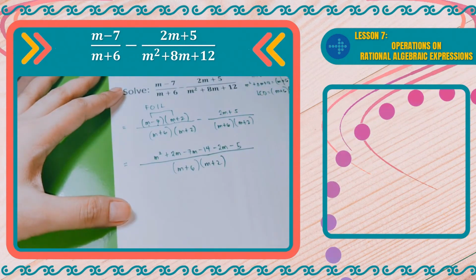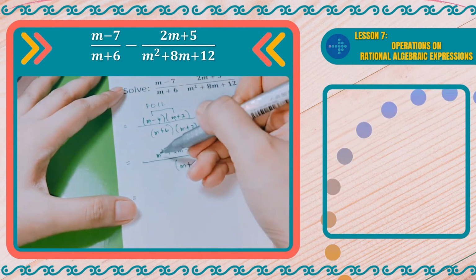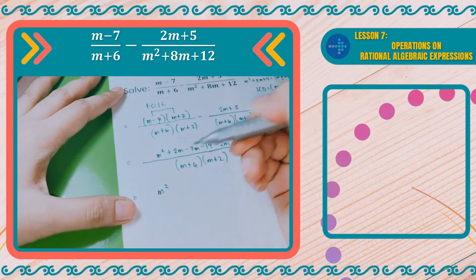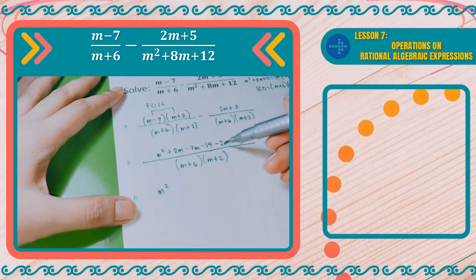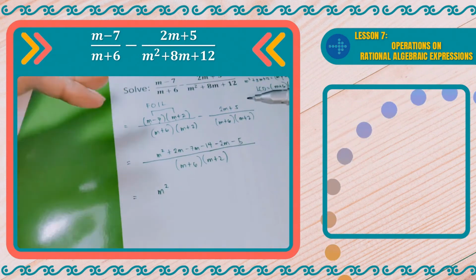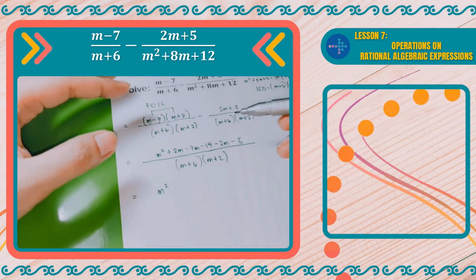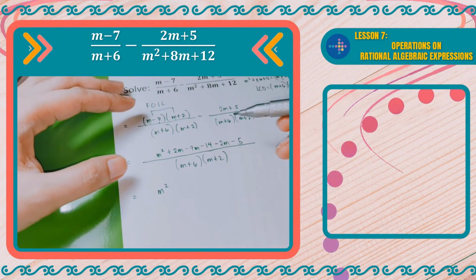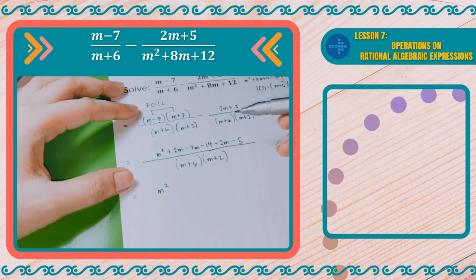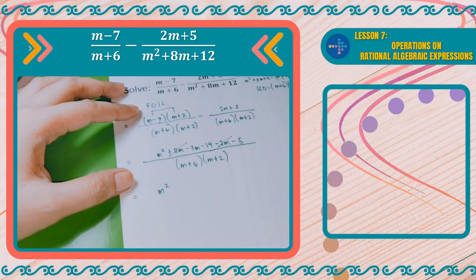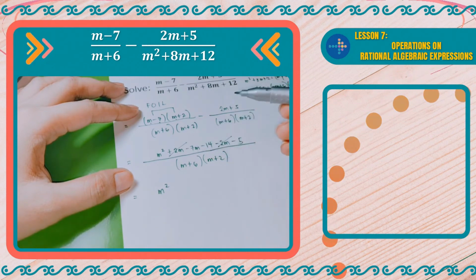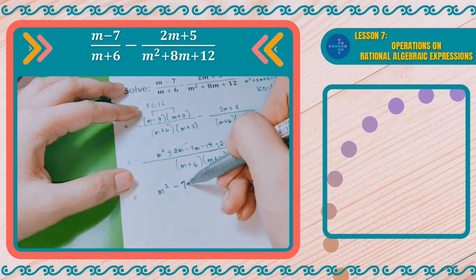Then, combine similar terms. So, si m squared ay walang kapartner. Si 2m at si negative 2m, kapag kinombine natin, since sila ay opposite terms, so we need to cancel them. Then, negative 7m na lang ang natira.